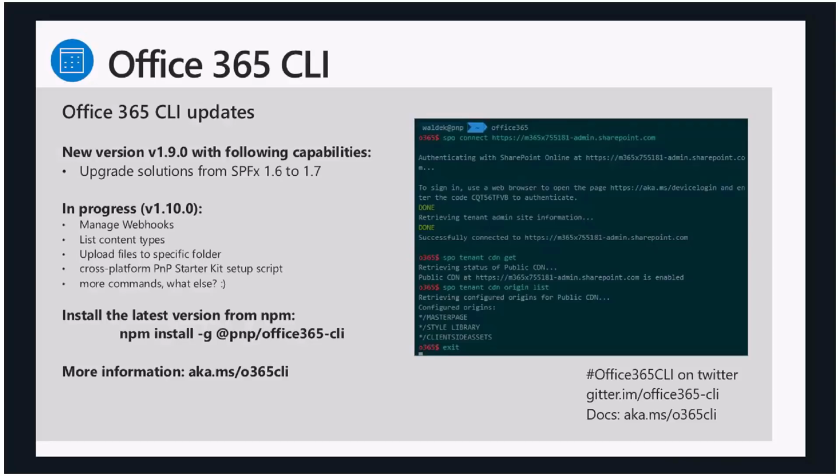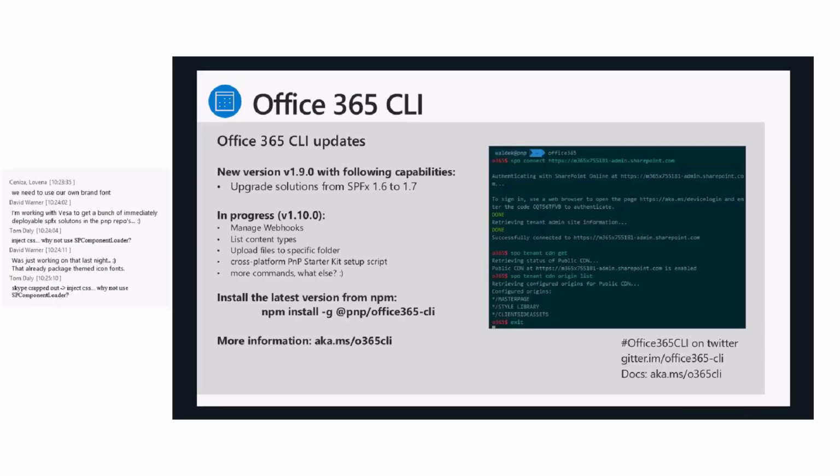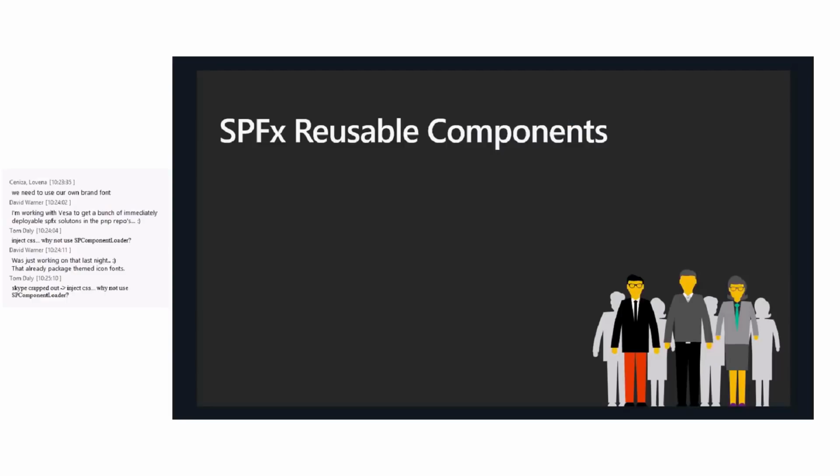There's a Gitter channel, and the docs link, aka.ms/o365cli, will get you all of the documentation on the CLI. It's a super valuable tool, especially if you're not working on a Windows machine. It will allow you to do a lot of the same things as the PowerShell, but cross-platform. Definitely check that out.